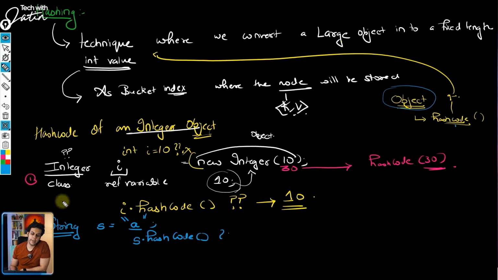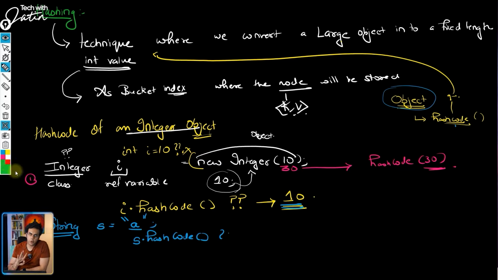Now for integers, I know that the hash code of an integer object is the number itself. Then for a string S, which has some characters, over here I just have one character, what will be the hash code?